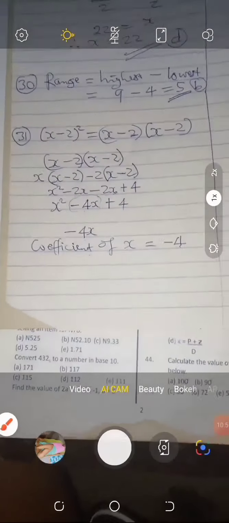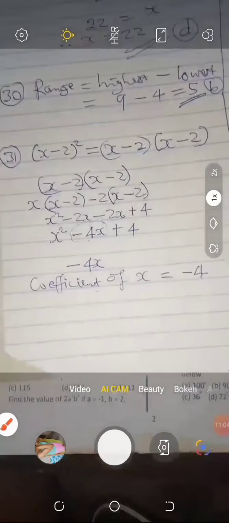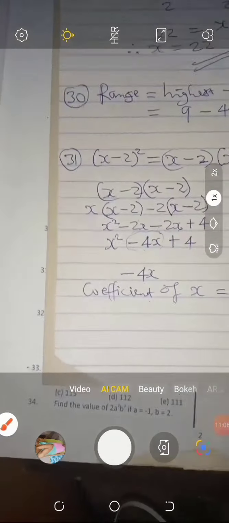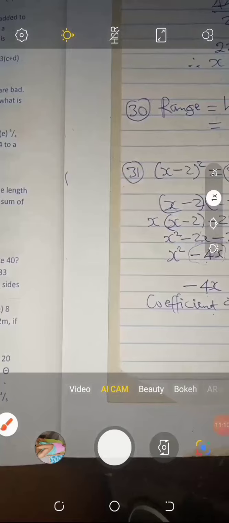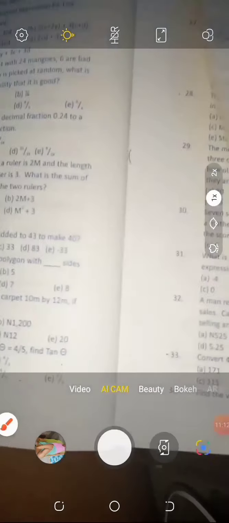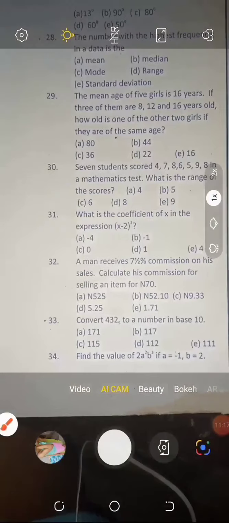That is why it's a variable. But 4 is always 4, whichever equation it appears in. So that is our answer: minus 4. If you check your options, minus 4 is in option A.